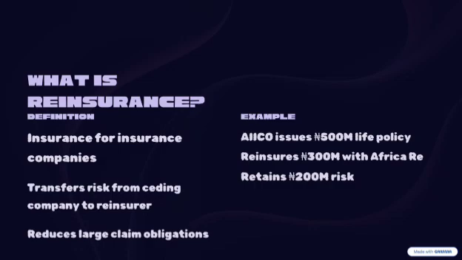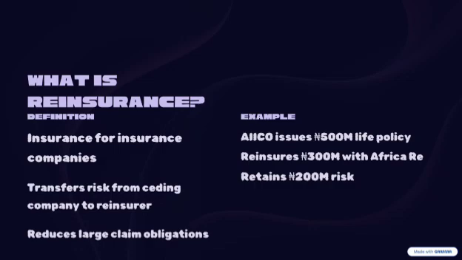Now, ICO, looking at the fact that 500 million naira might be too much for them to bear, decide that they will not be the only one to bear the risk of this 500 million naira. They decide to give part of the insurance policy to another company, Africa Reinsurance Corporation. That is 300 million naira of the risk of the policy created by the CEO of the major corporation.